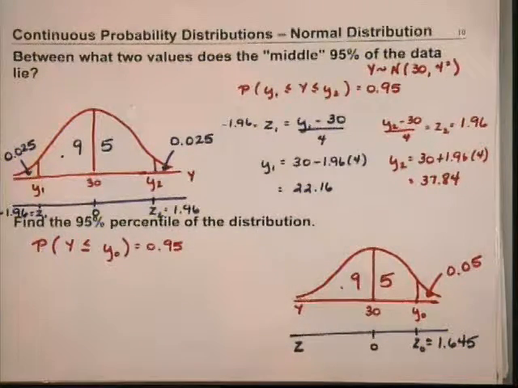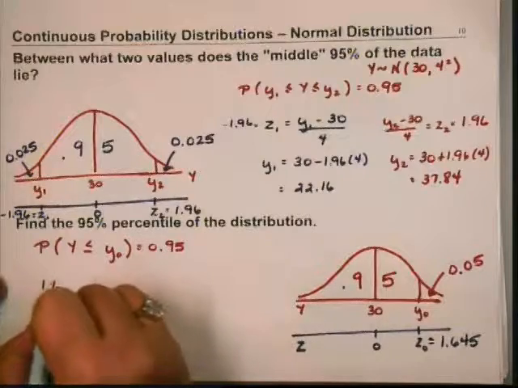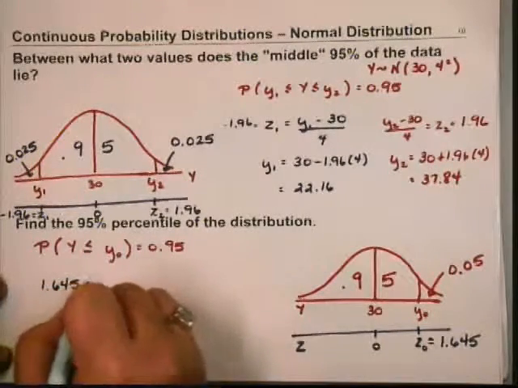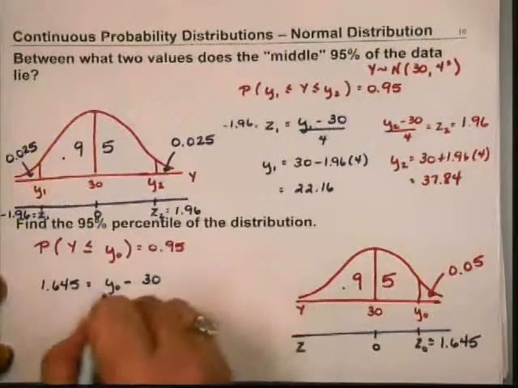All right, so what do I do with this now? 1.645 is the 95th percentile of standard normal, but it's not the 95th percentile of the y distribution. So I have to grab that transformation formula, and 1.645 would be equal to y naught minus 30 divided by 4.